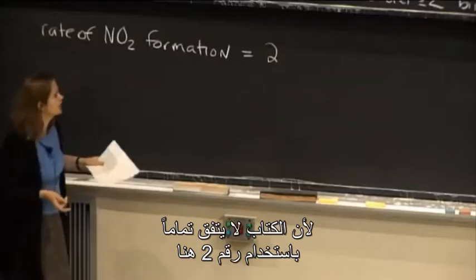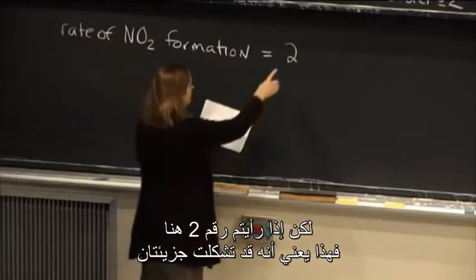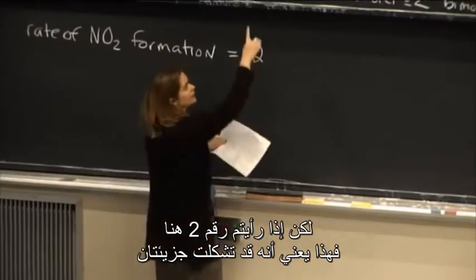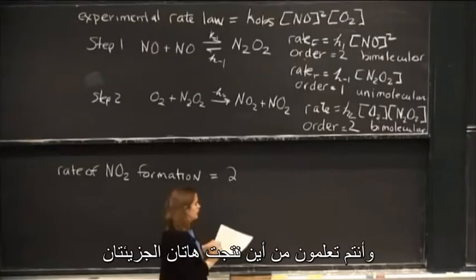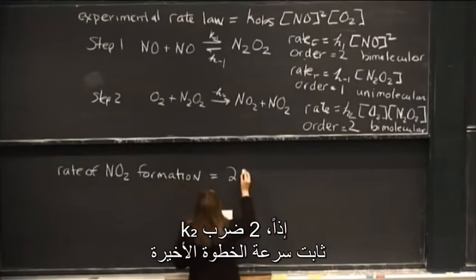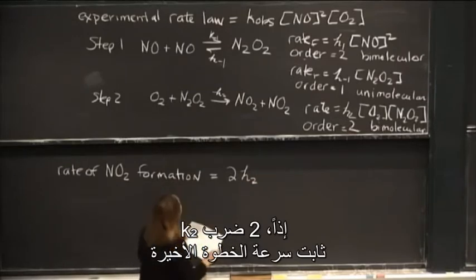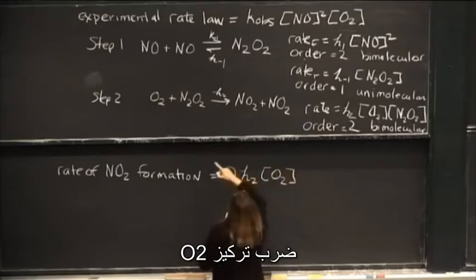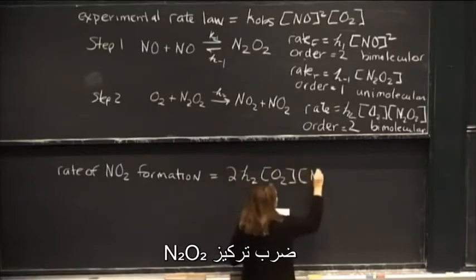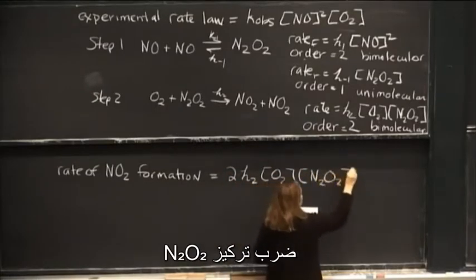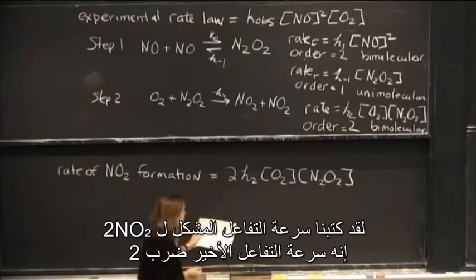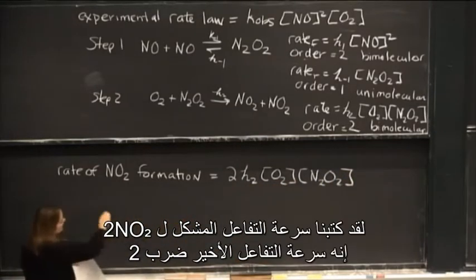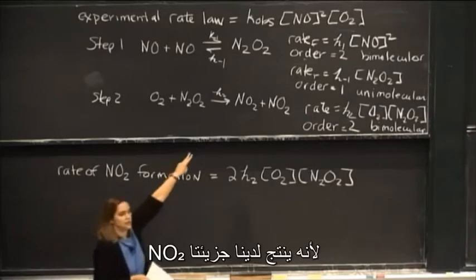But if you see a 2, and 2 things are being formed, you know where that comes from. So 2 times K2, that's the rate constant of that last step, and the concentration of O2 and the concentration of N2O2. So we're writing out just that last step with a 2 because 2 molecules of NO2 are being formed.